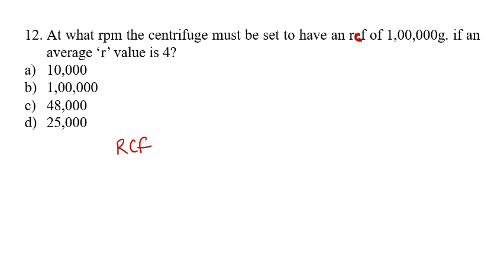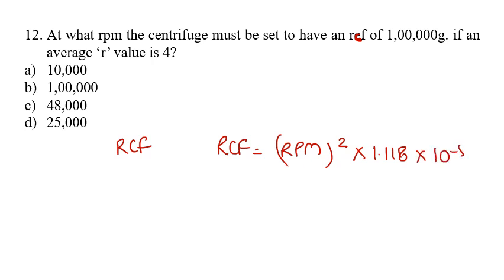So if we want to find the RPM from the RCF, there is a formula: RCF is equal to RPM squared into 1.118 into 10 to the power minus 5 into R. ठीक है.